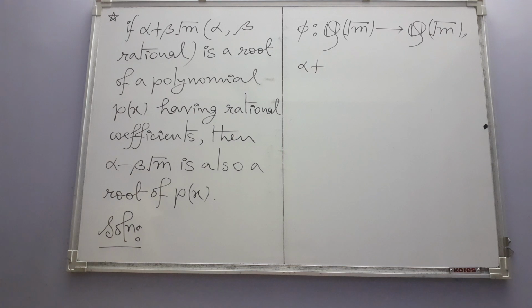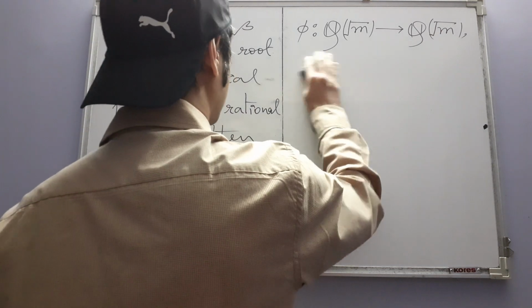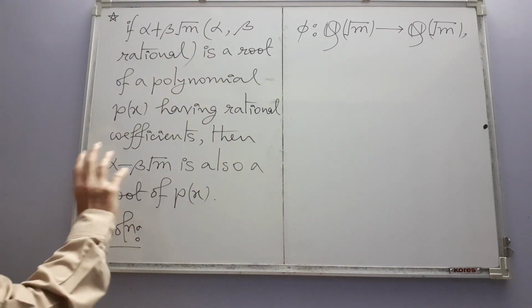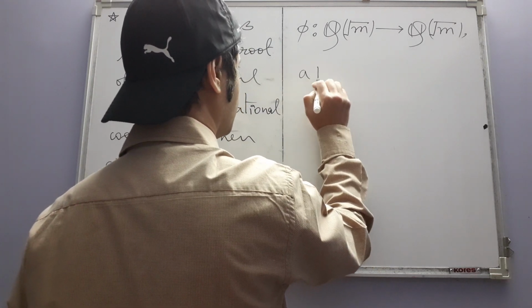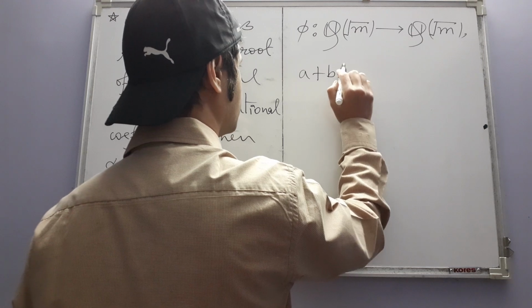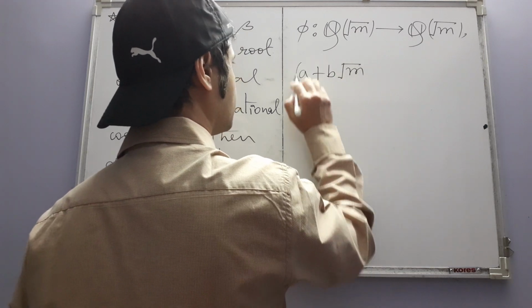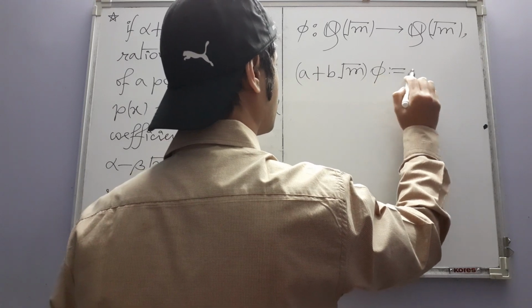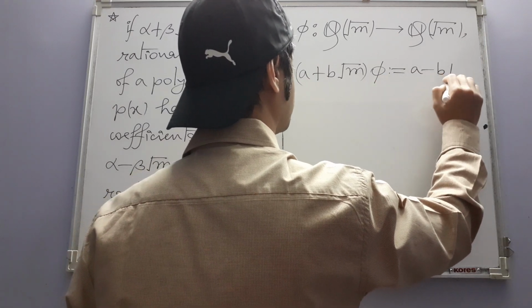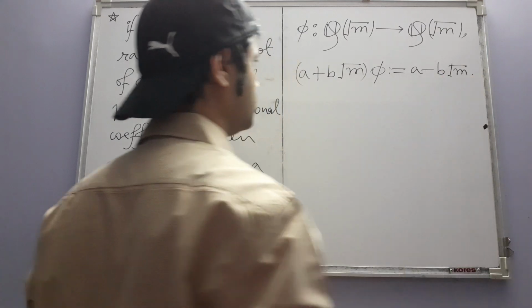Because these specific numbers are given roots of p(x), let's just write a plus b root m, a minus b root m.